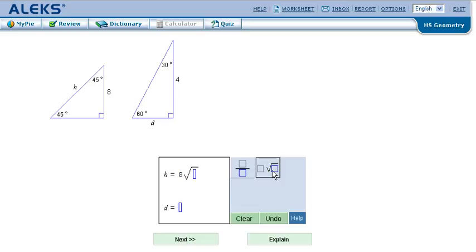So that's going to be 8 root 2. Coming down here, it's 4 root 3 over 3.